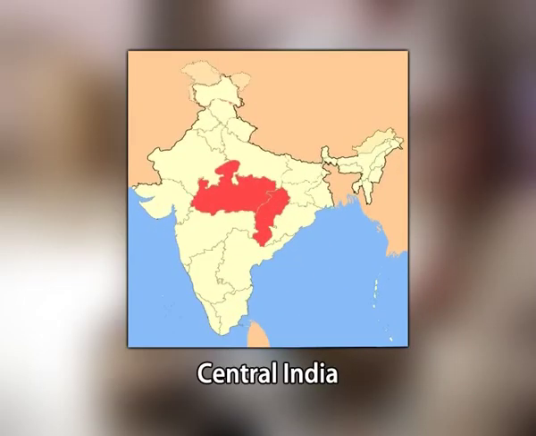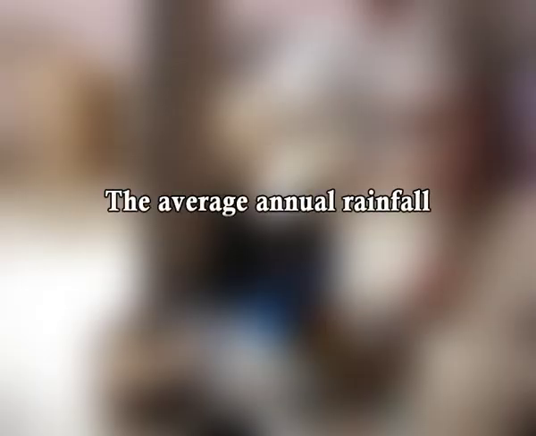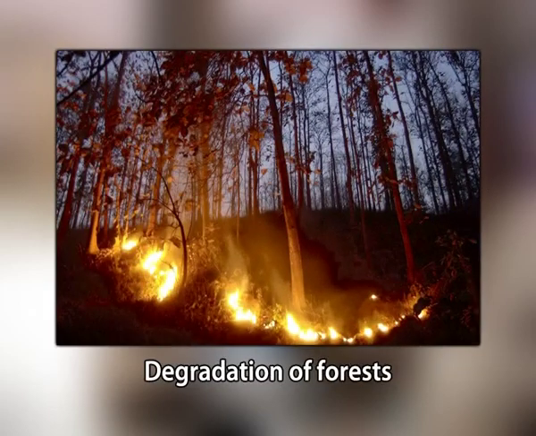Central India. This region covers parts of Orissa, Madhya Pradesh, Vindhyan region and Gujarat. The areas are mostly hilly with some places at 500 to 700 meter altitude. The average annual rainfall is 100 to 170 centimeters. Biotic disturbances are very common in this region, resulting in degradation of forests into thorny forests in the open areas.